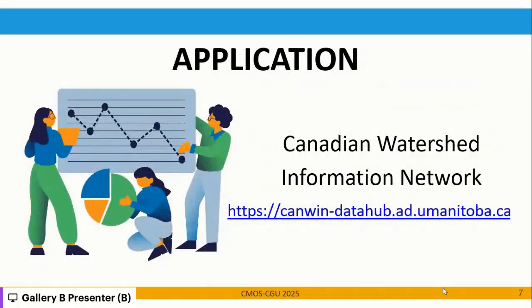What kind of application do we have with the idea of allowing more people to access the outputs and visualize them? One step on this is using Analyze on the CanWIN data hub. CanWIN, the Canadian Watershed Information Network, is a data hub from CMOS at the University of Manitoba.